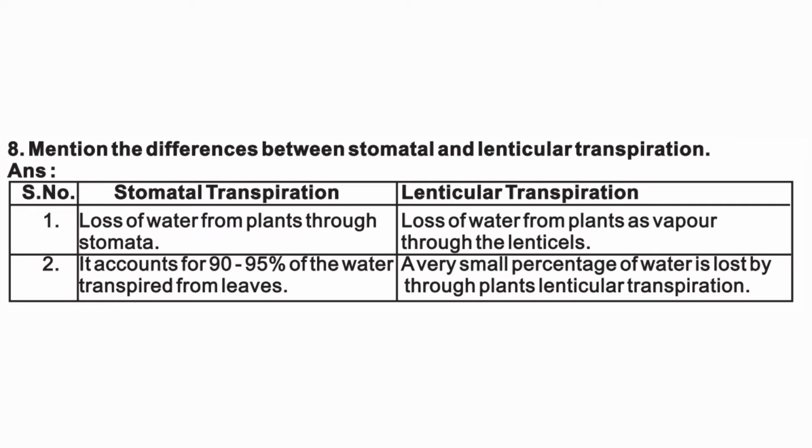Lenticular transpiration: loss of water from plants as vapor through the lenticels. Stomatal transpiration accounts for 90 to 95% of the water transpired from leaves. Lenticular transpiration: a very small percentage of water is lost by plants.